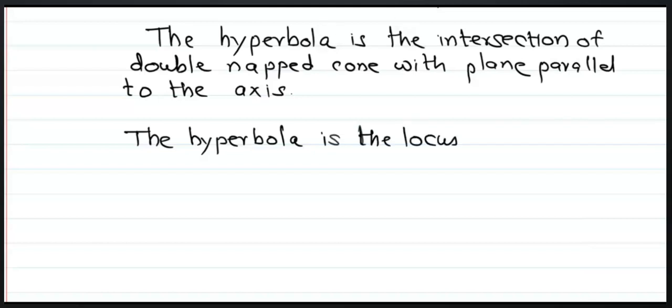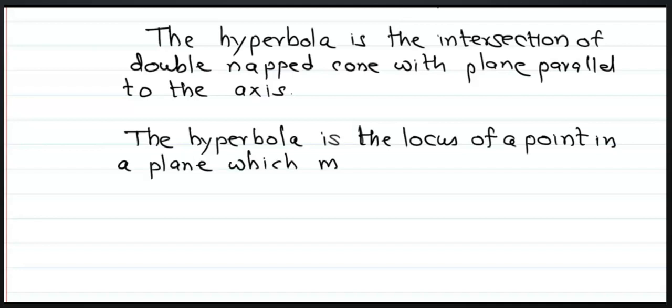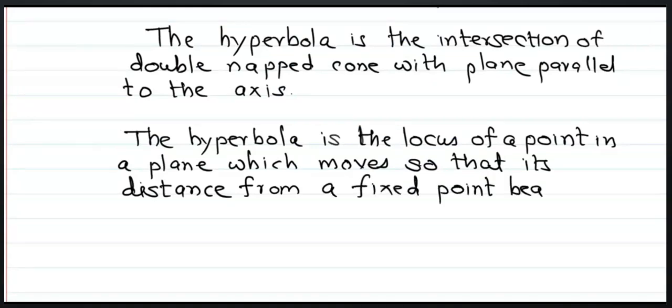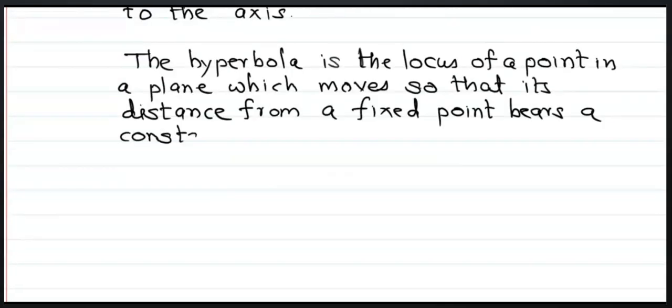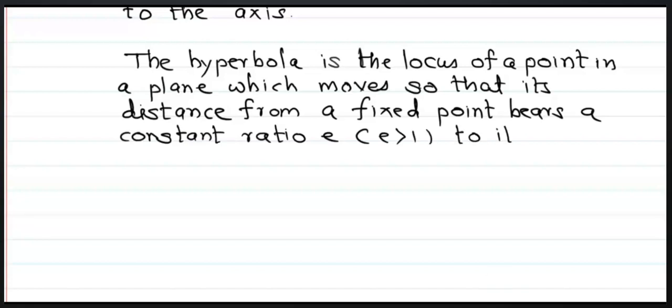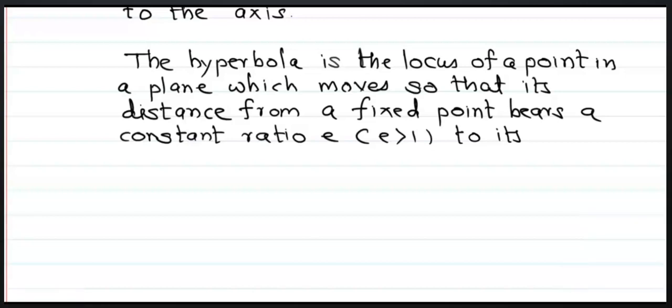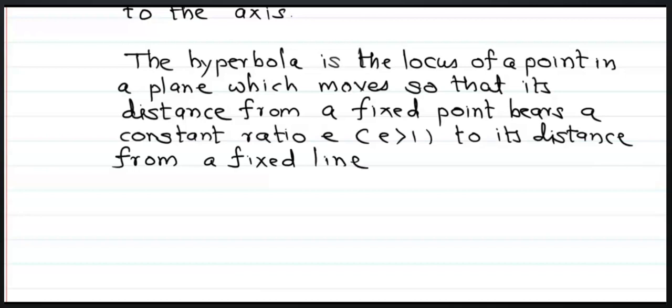Again, the hyperbola is the locus of a point in a plane which moves so that its distance from a fixed point bears a constant ratio e, which is greater than 1, to its distance from a fixed line.